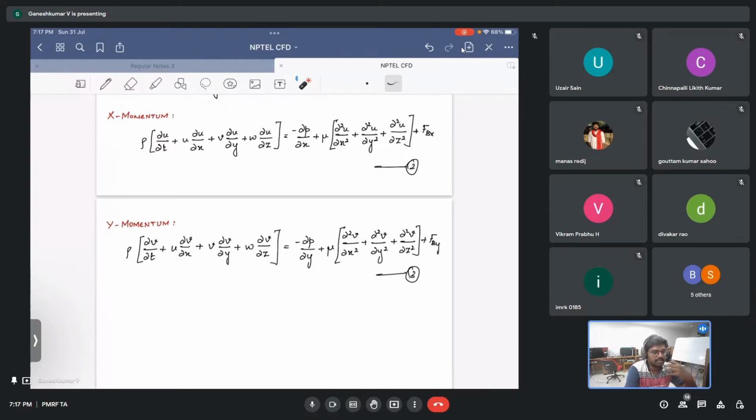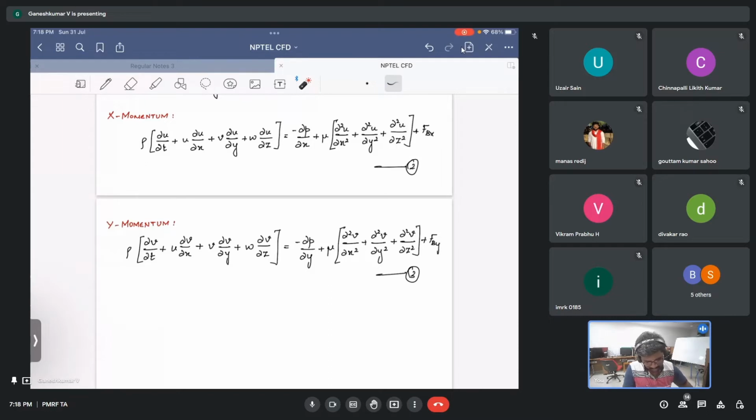In any problem you take, there is going to be mass conservation, momentum conservation, and energy conservation. If you are dealing with particle dynamics, or the dynamics of moving bodies, there also you are going to solve the same equation, Newton's second law. In fluid mechanics, we are solving a different equation, which is derived from Newton's second law.